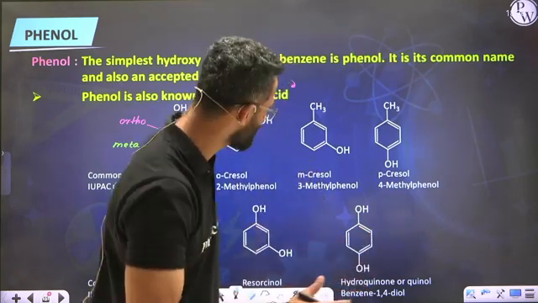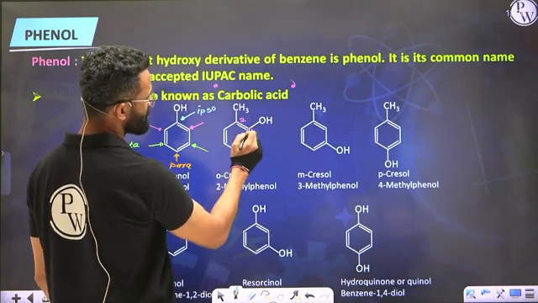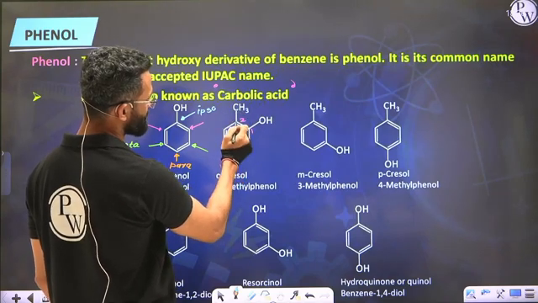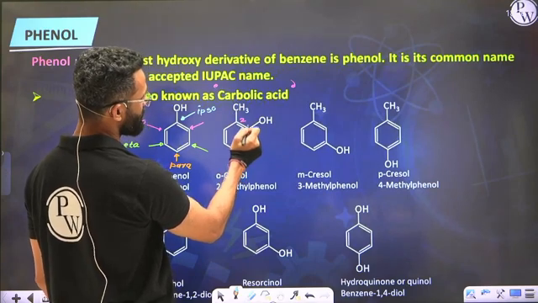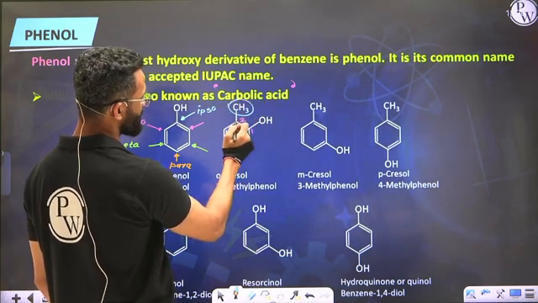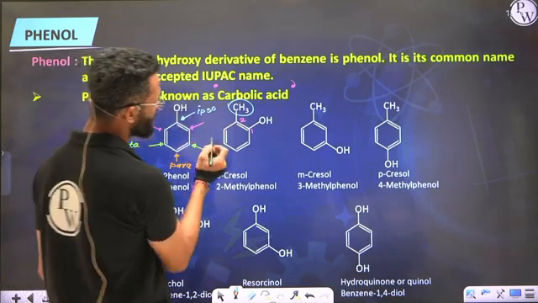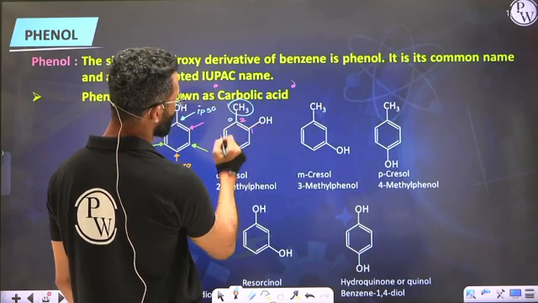For example here. What is your priority functional group? OH. So this is your priority carbon. With respect to this carbon, where is methyl present? At the adjacent position. So adjacent position is called what? Ortho. Meaning I can say methyl is present at the ortho position with respect to the OH of phenol.